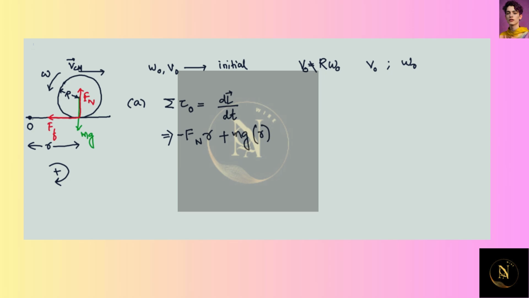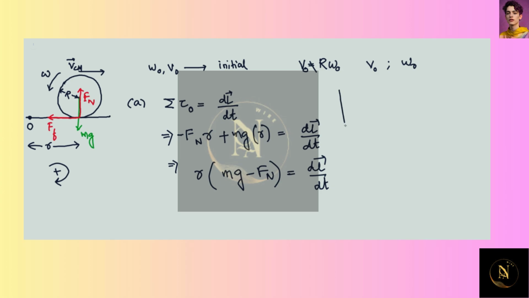The distance r is the perpendicular distance of either force from O, and that is equal to dL over dt, which is the right side that we wrote. So this gives r times (mg minus Fn) equal to dL over dt.